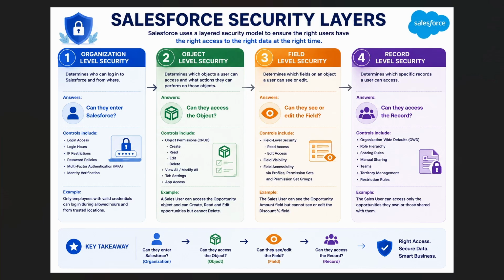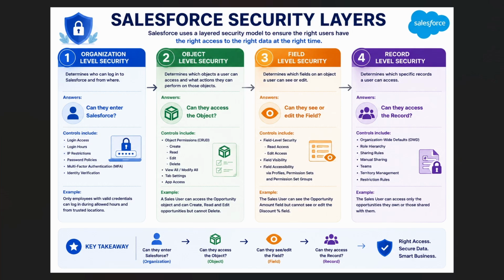For example, suppose Rahul owns ABC opportunity and Priya owns XYZ opportunity. If the organization's sharing model is restrictive, Rahul may be able to access ABC opportunity but not XYZ opportunity. Salesforce uses mechanisms such as organization wide defaults, role hierarchy, sharing rules, and manual sharing to control and extend record access. We will cover each of these in detail in upcoming videos.